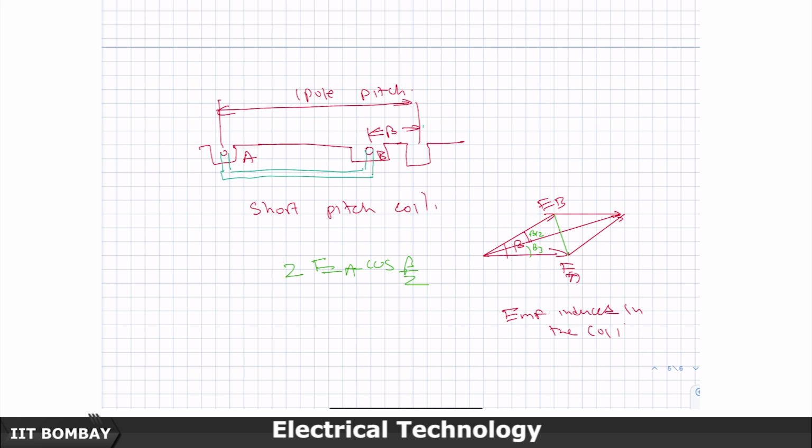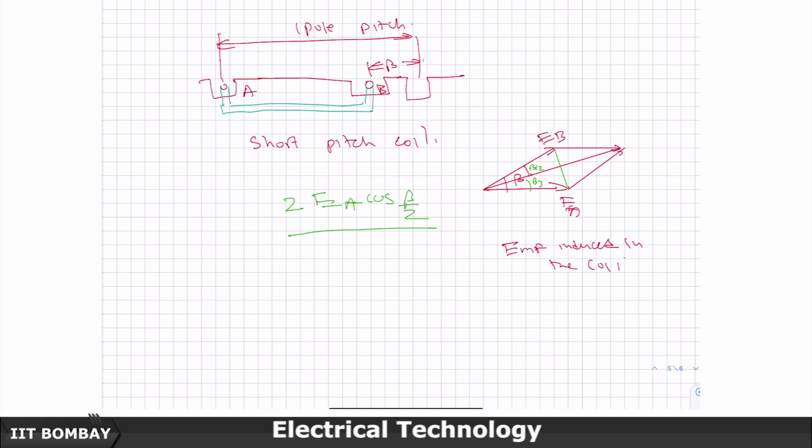So, this distance here is EA cos beta by 2, this is also EA cos beta by 2. So, 2 EA cos beta by 2 is the actual net induced EMF, but if I had not done this short pitching, then I would have got 2 EA.